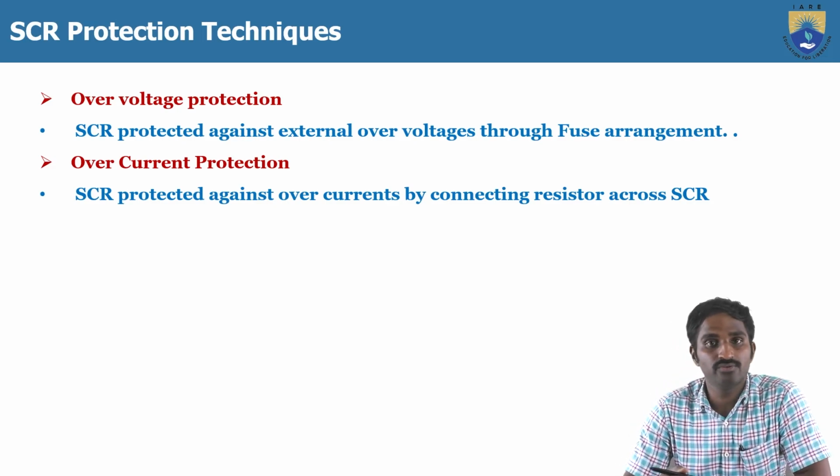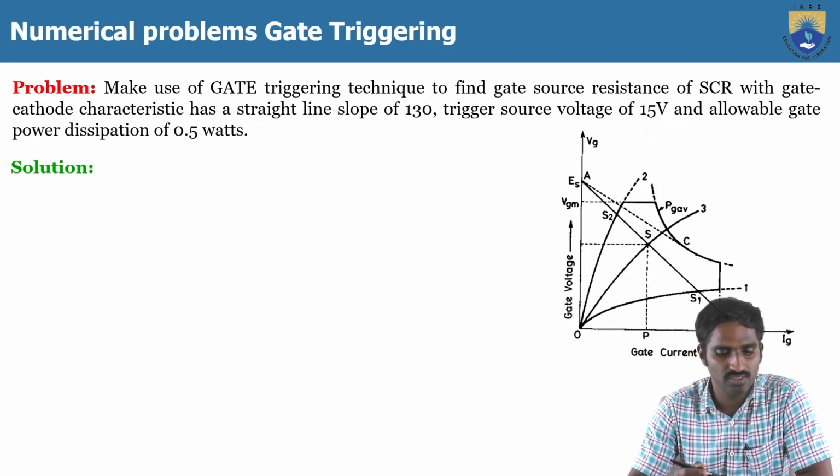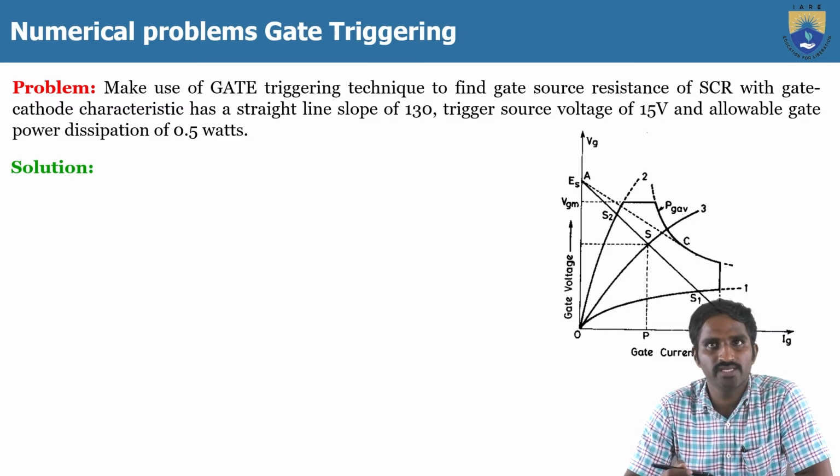Next we are going to discuss one numerical problem on the gate characteristics of an SCR. Let me read the problem. Make use of the gate triggering technique to find the gate source resistance of an SCR whose gate cathode characteristic has a straight line slope of 130, a trigger source voltage of 15 volts, and an allowable gate power dissipation of 0.5 watts.